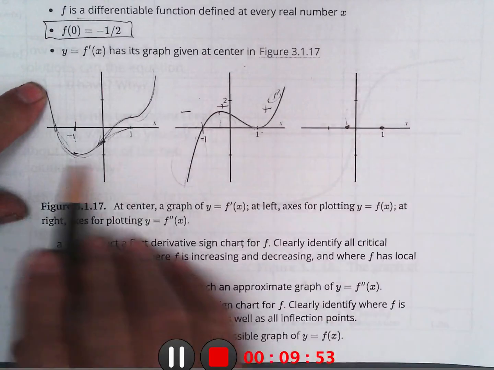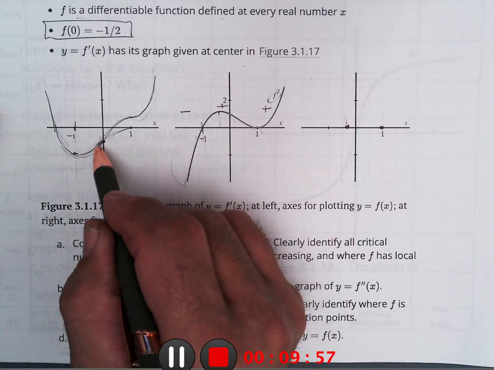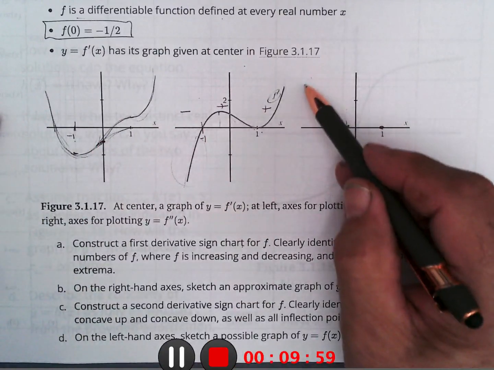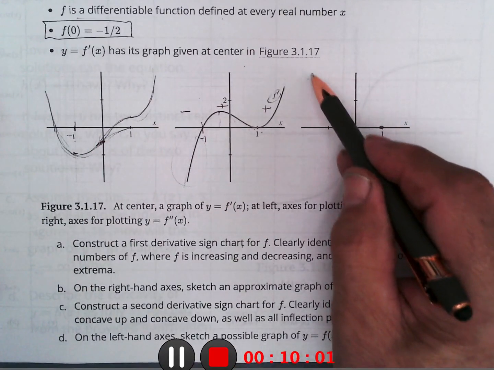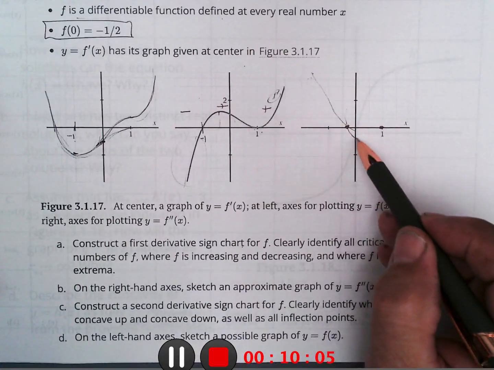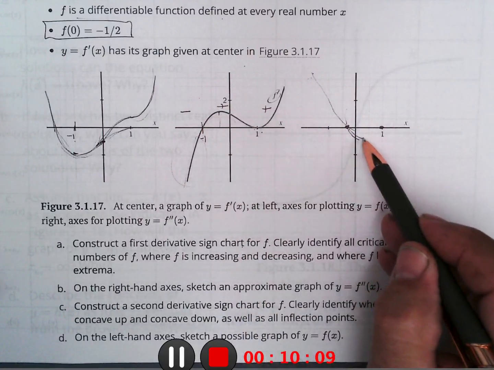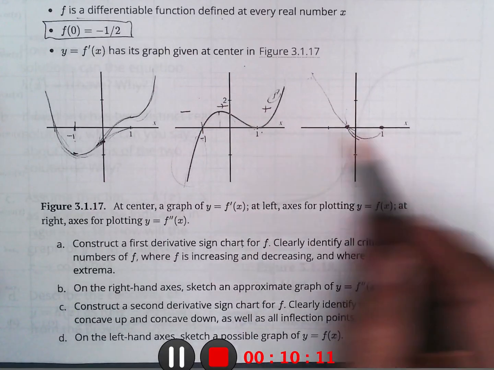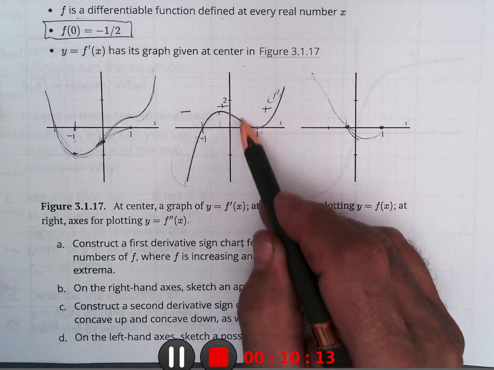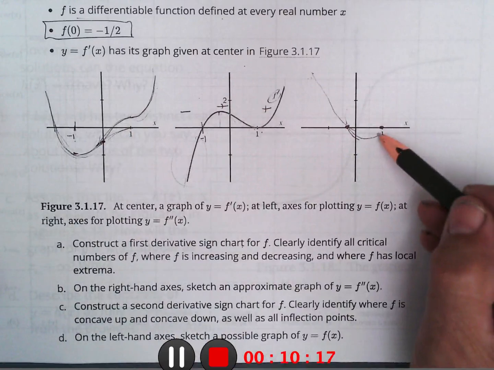This is concave up all the way to someplace in here, and that's what this is saying. It's concave up. It's positive. And then it's concave down for a while, and this is negative. Then it's concave up for the rest of the time, which makes this positive.